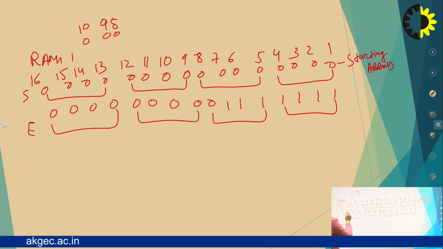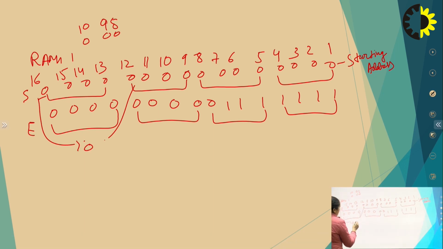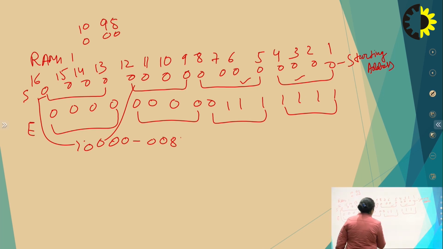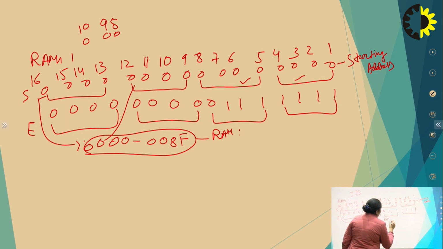See, the starting address is 0, 0, 0, and 0. And the ending address will be 0, 0, this is 8, and this is F, 15. So in hexadecimal, we represent 15 as F. So this is the hexadecimal address for RAM 1.